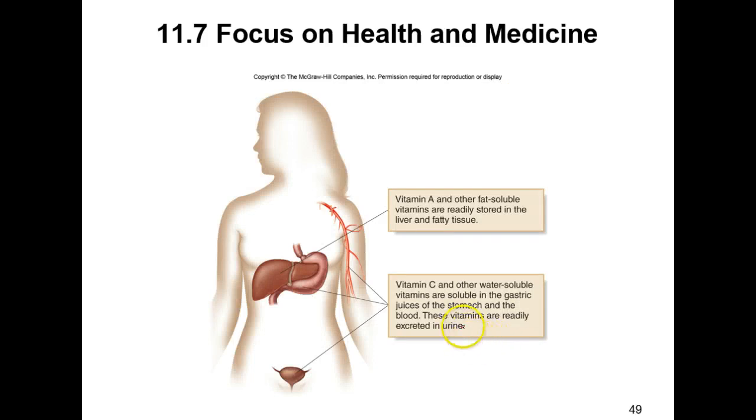As far as health, just to show you where things are stored, most fat soluble vitamins are stored in our livers or in our adipose tissue, which is all the fatty tissue. Water soluble ones, like vitamin C, basically go right through us. It does get absorbed a little bit into the bloodstream, but then eventually it goes through us.